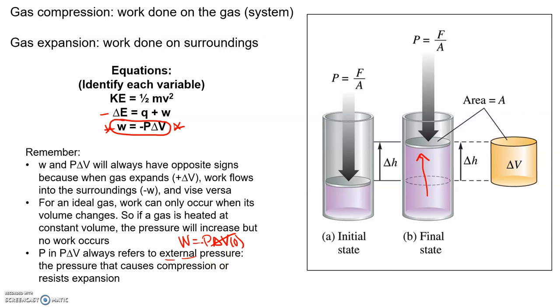It'll be clear to you, but it's just important to know that when we're looking at this equation, work is equal to negative P delta V, it is going to be the external pressure that we're going to want. So these two equations are ones that you are going to need to use and know for this particular unit.